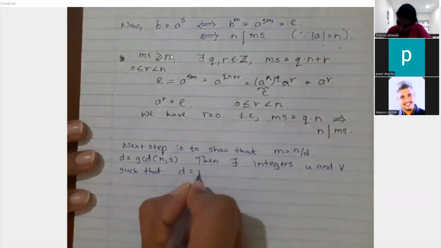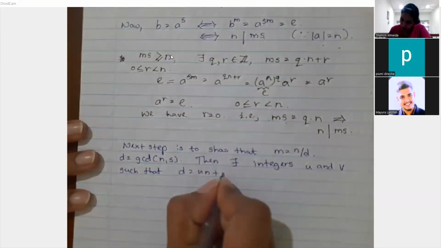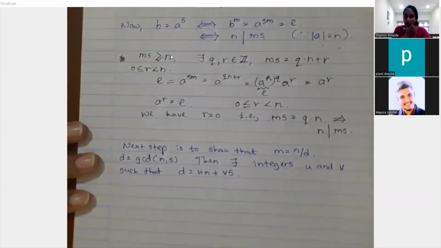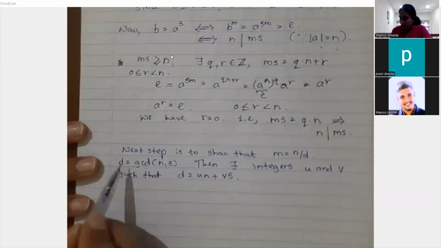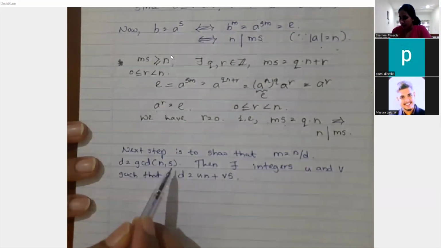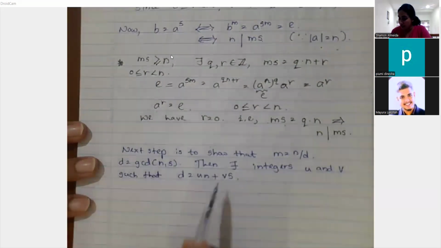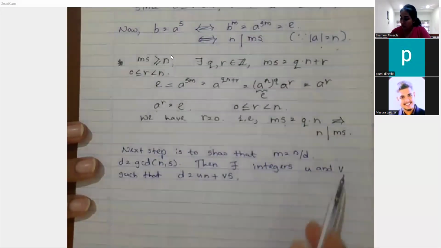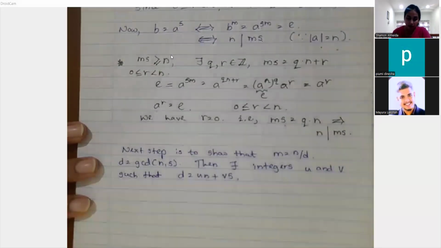D is equal to un plus vs. There is a way to get this linear combination even using the Euclidean algorithm. You can write the greatest common divisor as a linear combination of the two numbers n and s, so we can find integers u and v giving this linear combination.